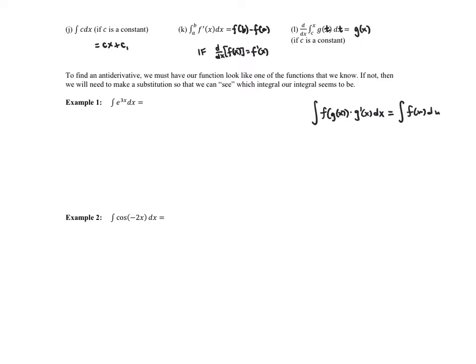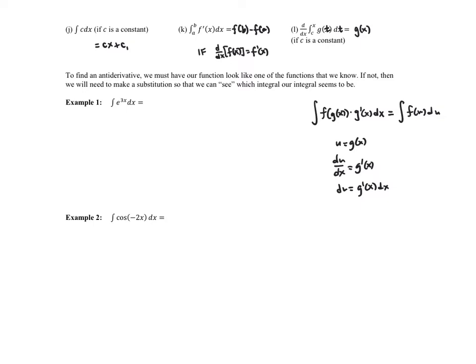There might just be a difference in a constant, but it's okay. So what we do is we set u equal to g of x, and then we roll. We go du dx equals g prime of x, and then we find du, and hopefully du matches up well with g prime of x times dx. In example 1, it's not going to match perfectly, but that's going to be okay.